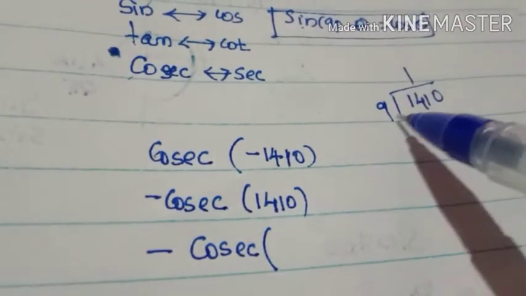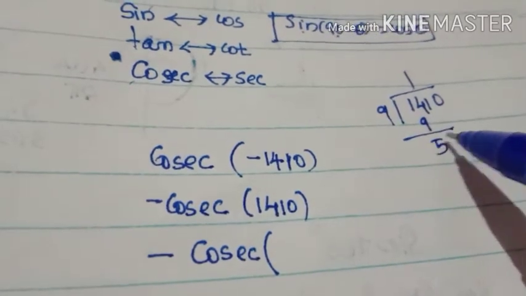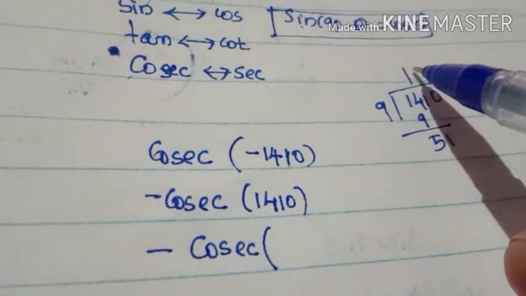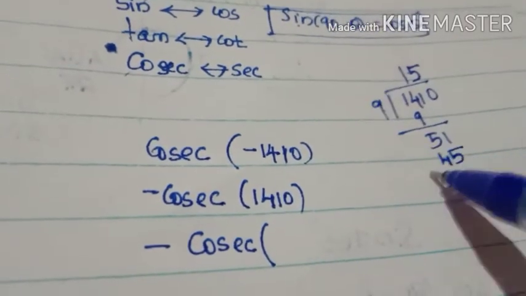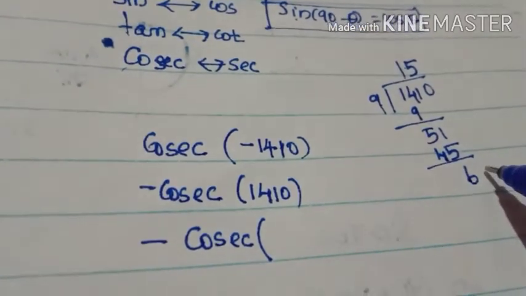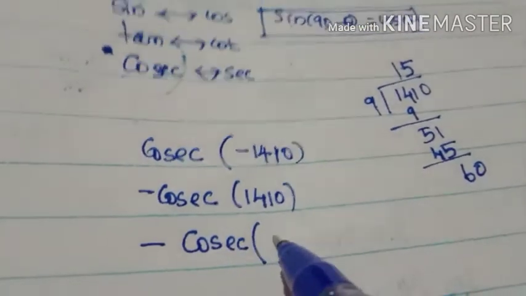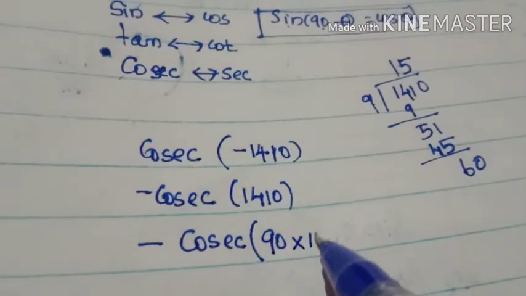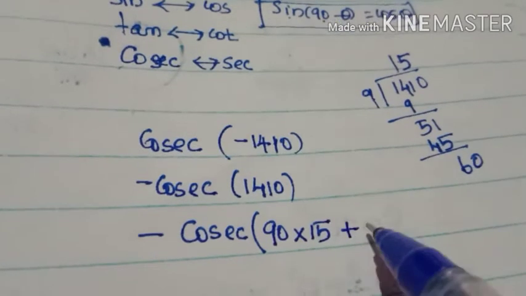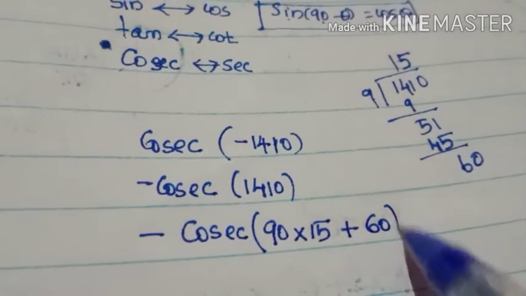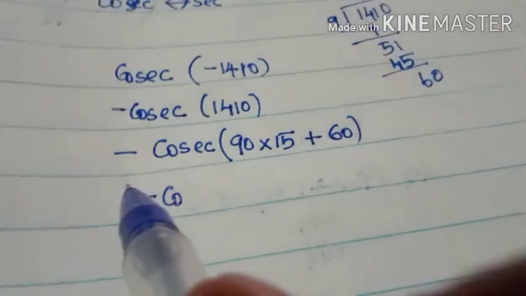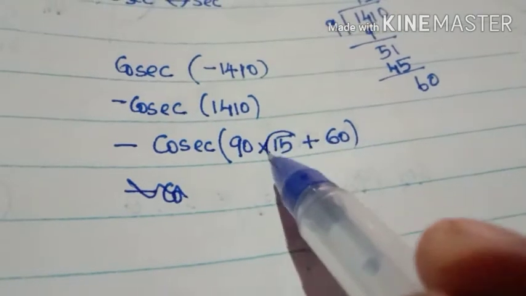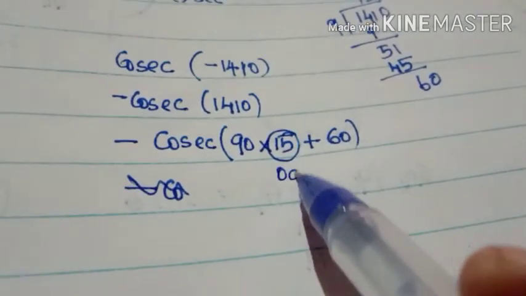We'll get 1 into 9 is 9, remaining 51. 5 times 9 is 45, so 6. Yes. So this can be written as 90 into 15 plus 60. Okay, 90 into 15 plus 60. So this is, listen, 15. 90 into 15. 15 is an odd number.